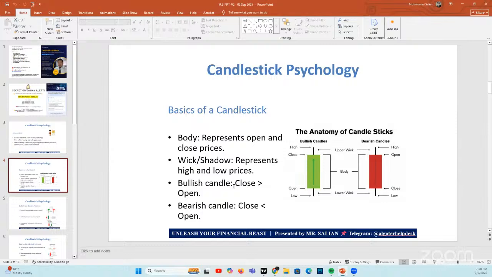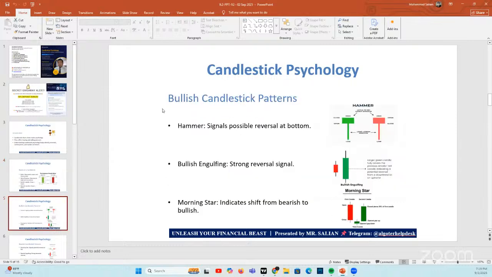So a bullish candle's close is greater than the open, while the bearish candle's close is lesser than the open.